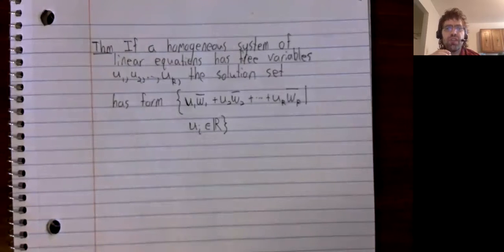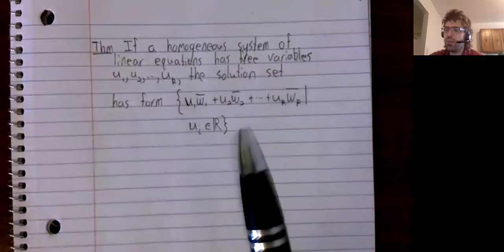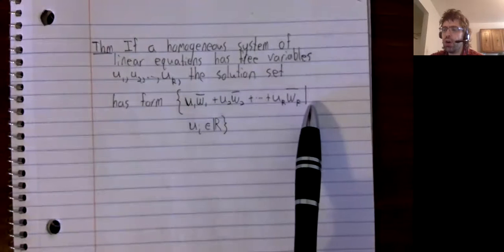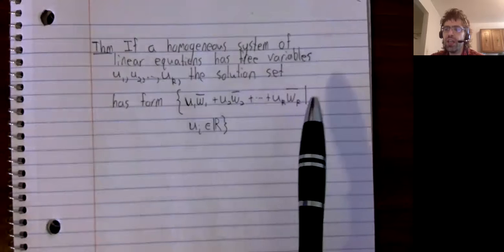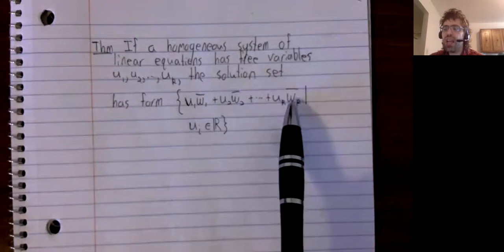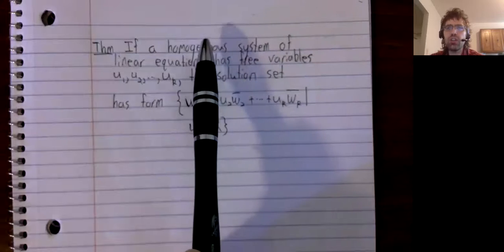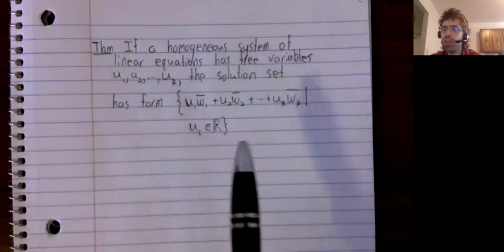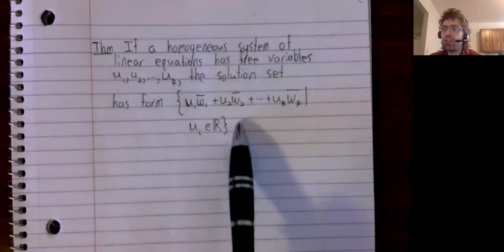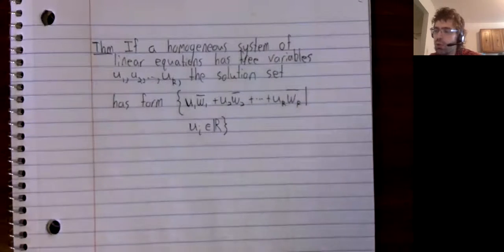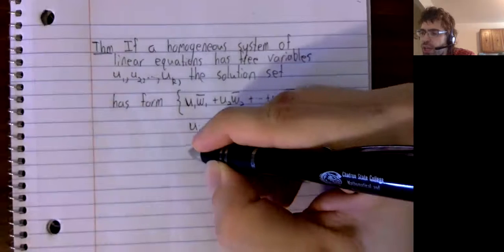Each of the vectors appearing in this linear combination is itself a solution to the homogeneous system. Because remember that these u sub i could be any real numbers.